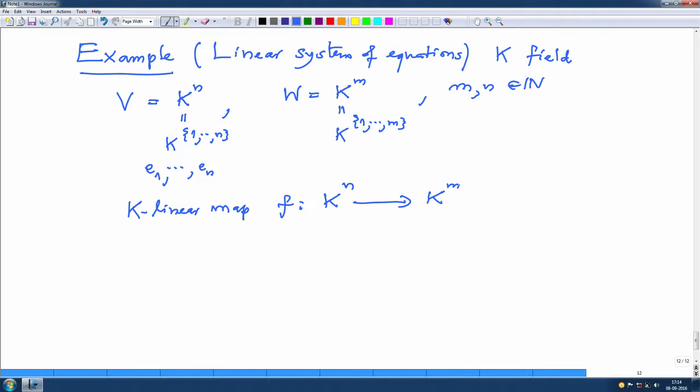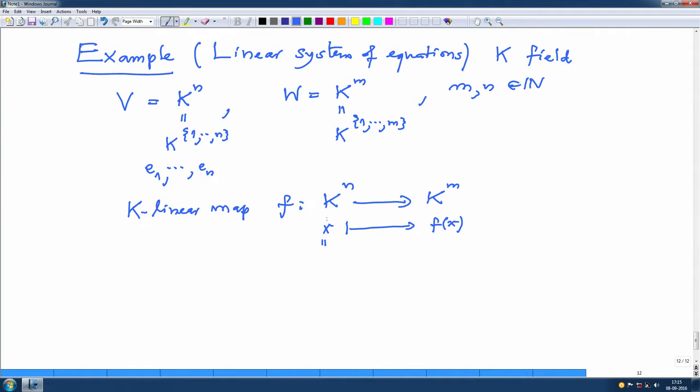I will show you such a linear map will give rise to a linear system, and then we will analyze what one means by solutions of linear systems, and how you decide in terms of these linear maps that they are consistent and so on. Okay. So this linear map is given, that means any x goes to f of x.